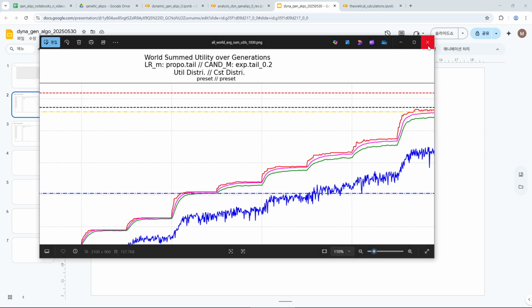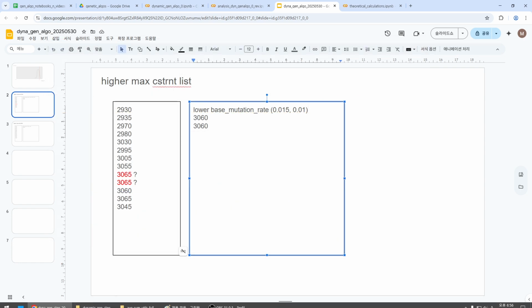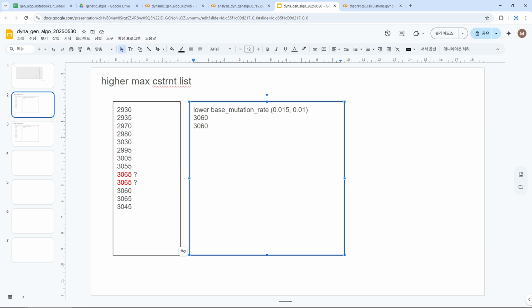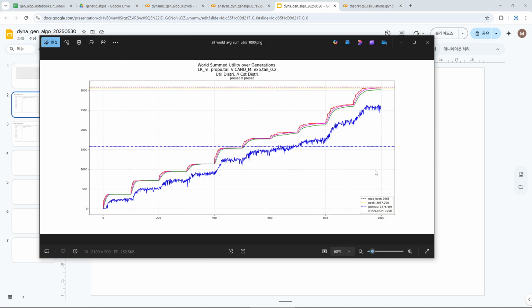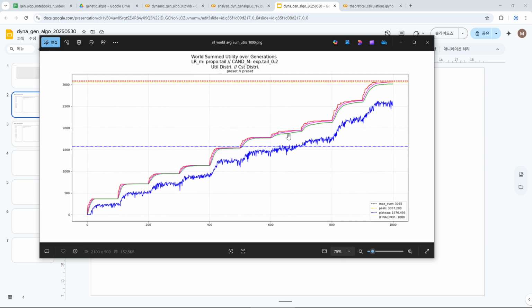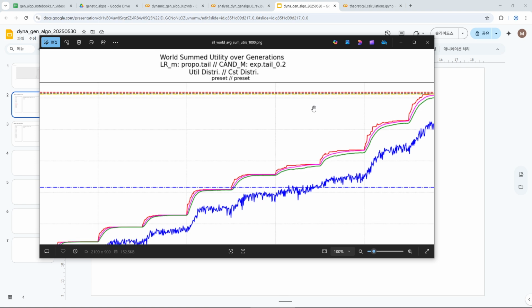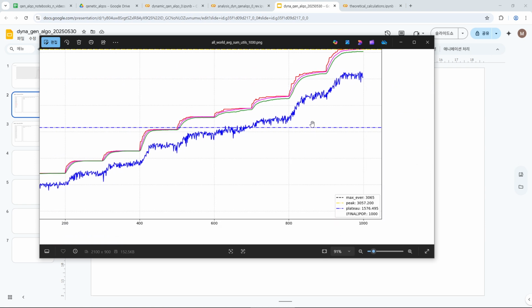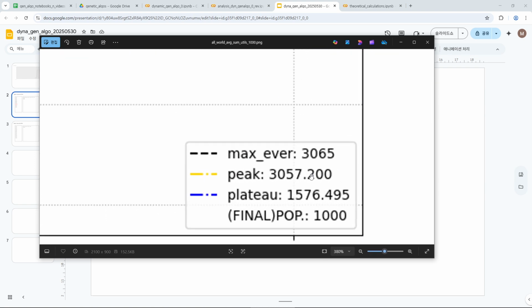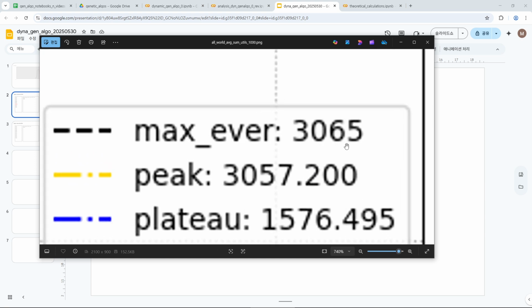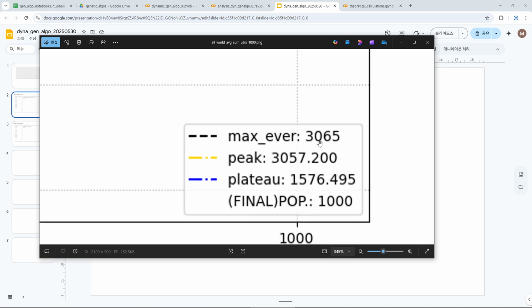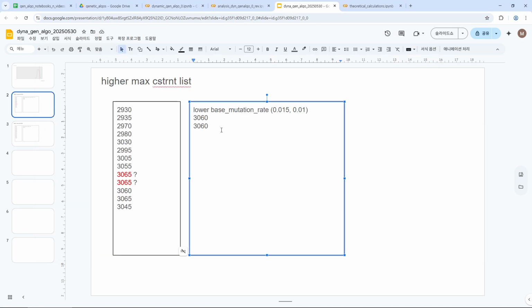Okay, so when I do that, this is what I get. Still using the default setting, the standard setting, and now I have a value of 3065 for the maximum ever. So that's good.